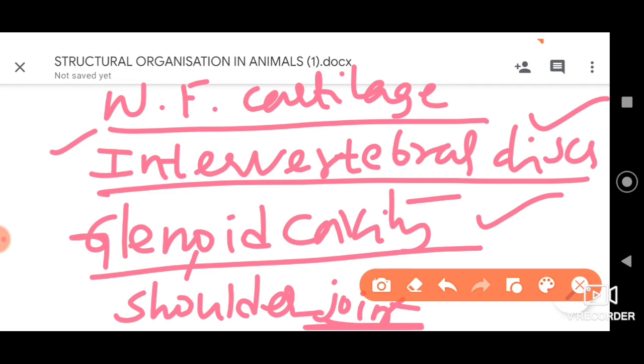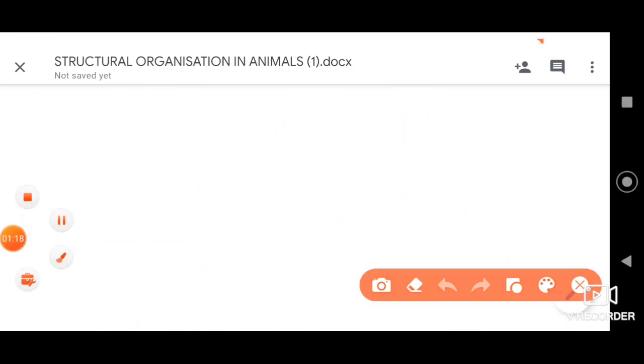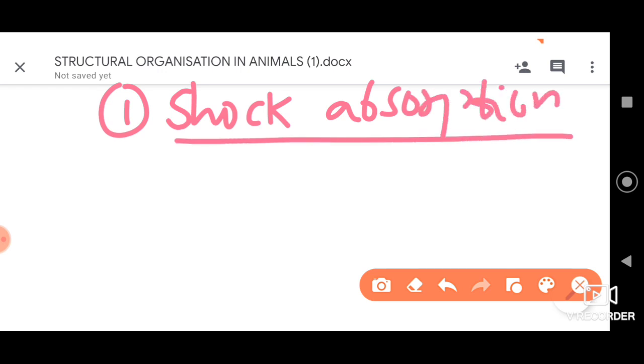They have numerous functions. Let us understand a few important functions of the white fibrocartilage. They help in shock absorption. What do we mean by that? Especially, as I said, they are present in the intervertebral disc.